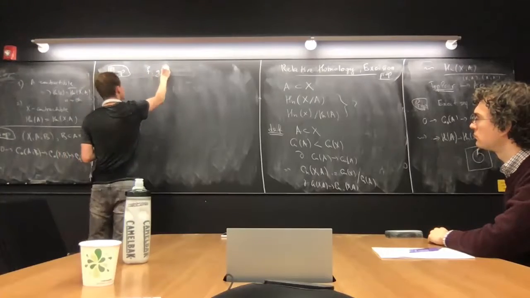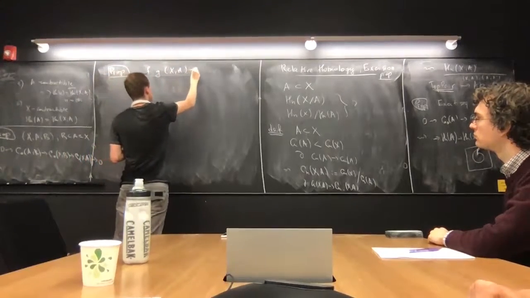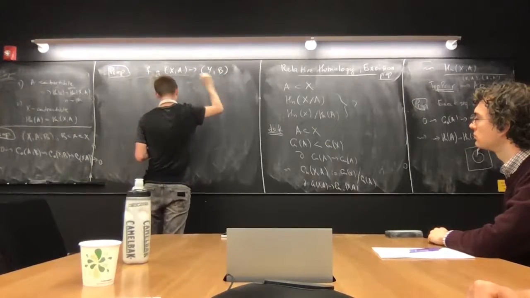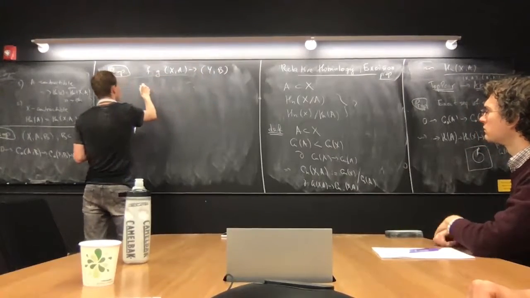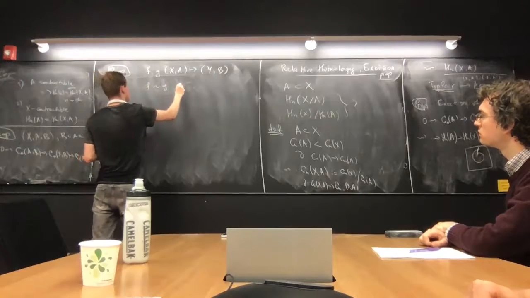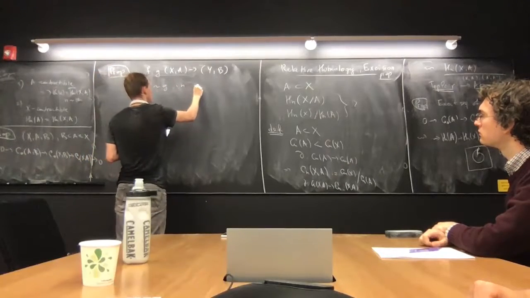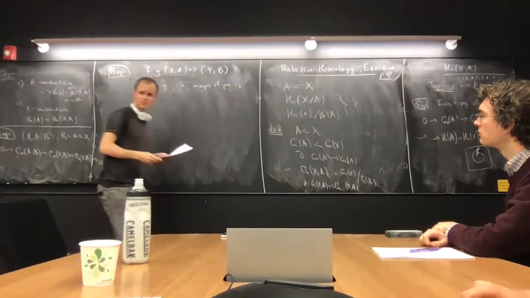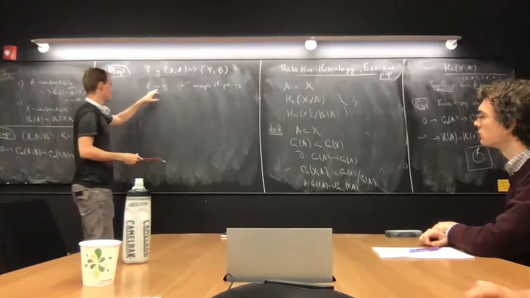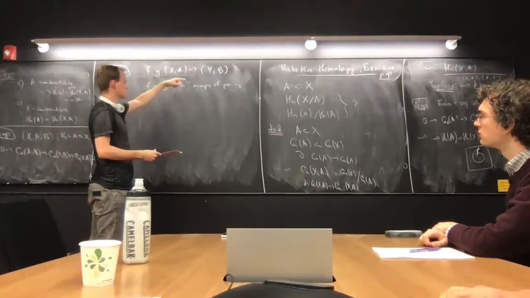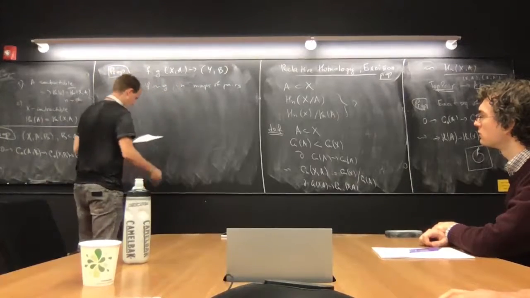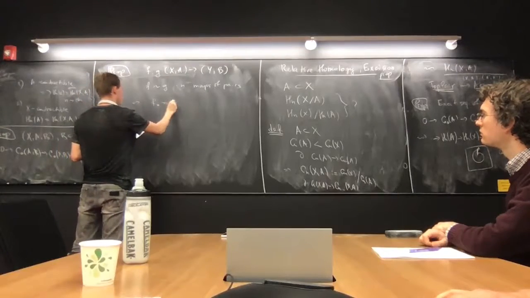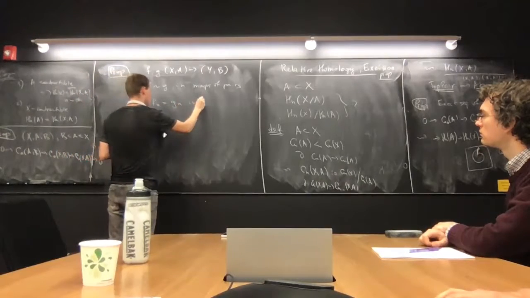So if two maps F and G to Y, B are homotopic in maps of pairs, just homotopy at every moment in time has to be a map of pairs, then F star equals G star.